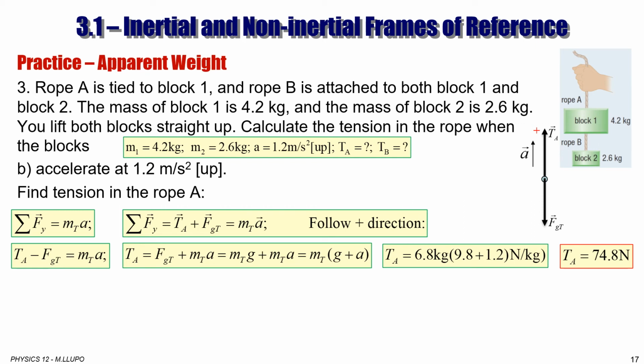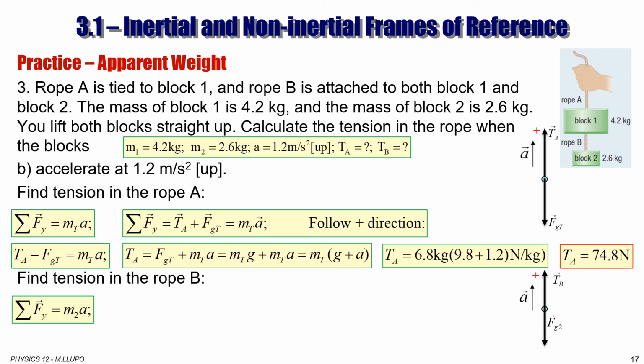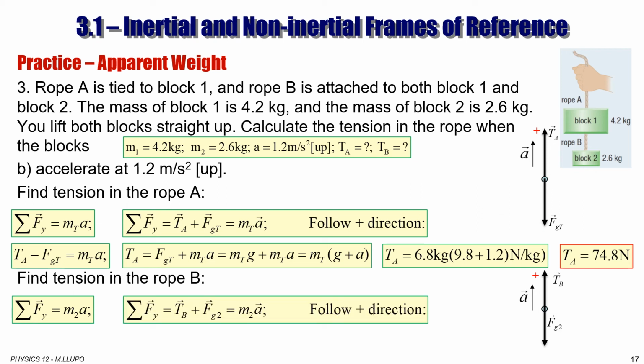We do a similar thing for rope B. So free body diagram. This time Fg2, because rope B, as I said before, pulls only block 2 and accelerate upward. So that will be a positive direction as well, up. And we do exactly the same. So sum of all forces is equal to m2 a this time. So how many forces do we have? TB and Fg2 is equal to m2 a. Now we follow the positive direction.